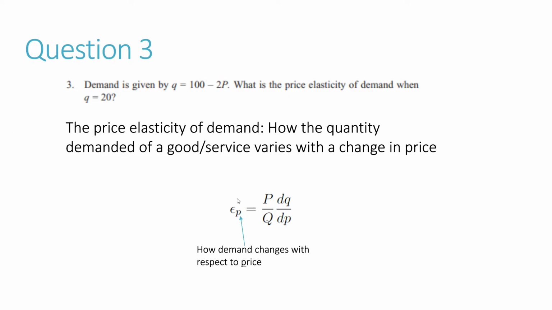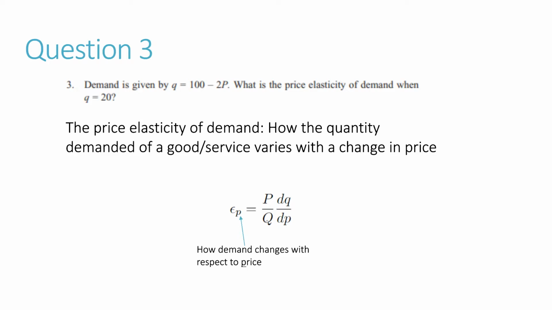Okay, formulas down here. Epsilon is the common notation. I've just put subscript P there to remind us we can have elasticities with respect to different things. Here we just have it with respect to price. Formula, pretty straightforward. P over Q multiplied by the derivative of Q with respect to P. Nothing too crazy there.